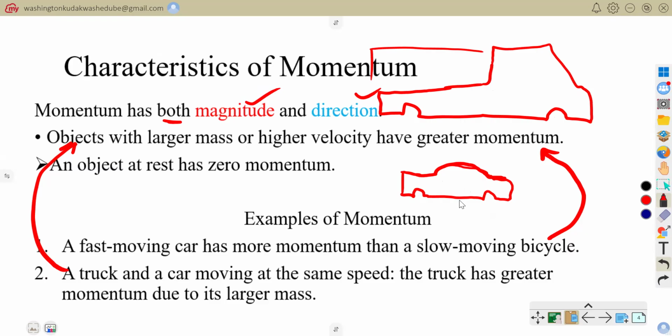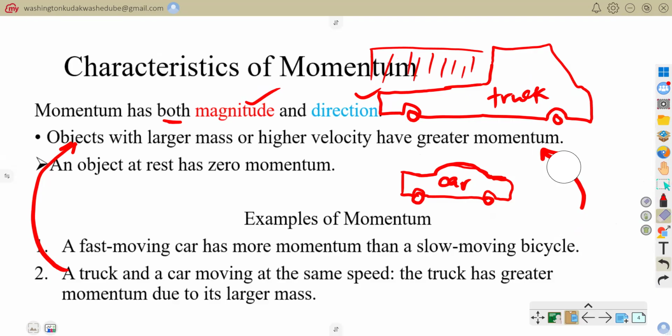Yes. So we are saying that if these two are moving at the same speed, and you have a truck and here you have a small car, due to the larger mass the truck would have a greater momentum than the car. You need to understand and get to know that.